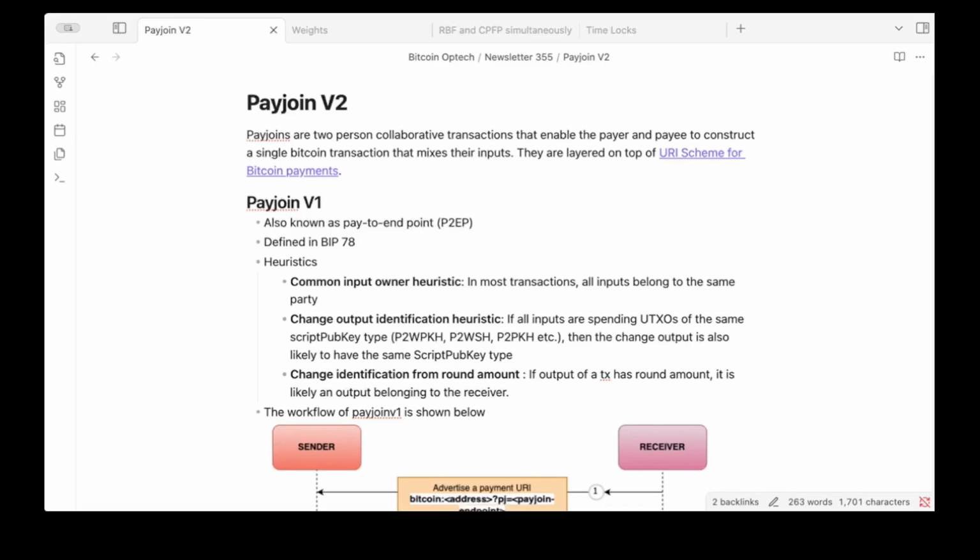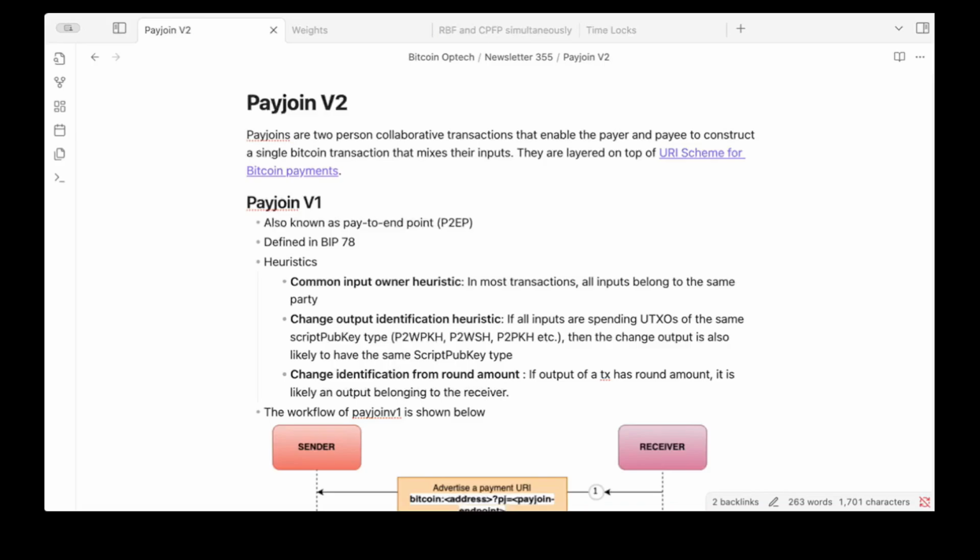That is, your input and the change will be of the same address type. The output can be of any address type. So if you look at the mempool and if you observe this kind of a transaction, then you can identify what is the change output and what is the actual payment that is being done. So this is another pitfall of the standard way of constructing a transaction.